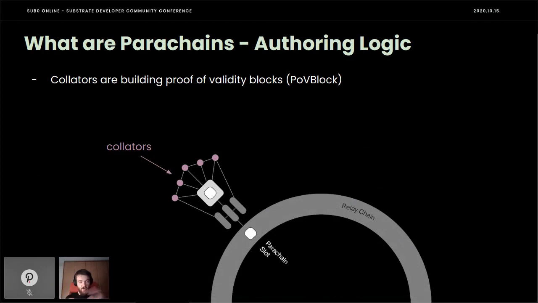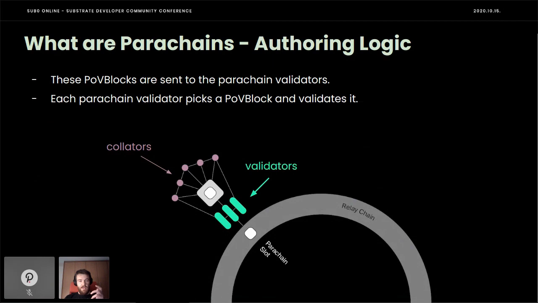A proof of validity block contains the parachain block itself and the so-called witness data, and this witness data can be used to validate this block, but more on that later. The collators announce these proof of validity blocks to the Parachain validators, and the Parachain validators then decide, okay, I want to fetch this POV block and start validating it.